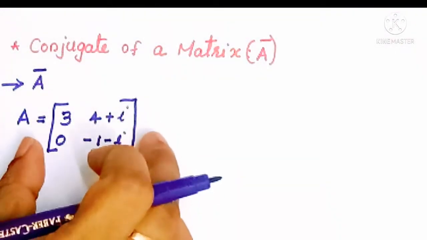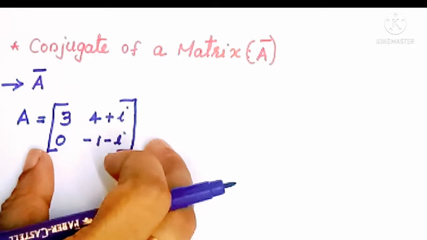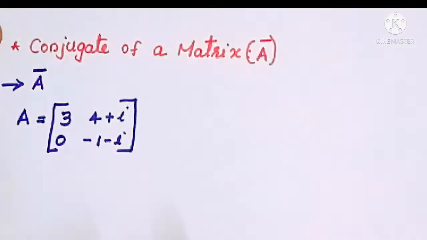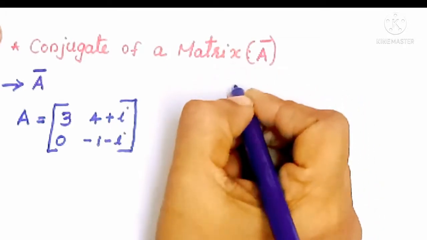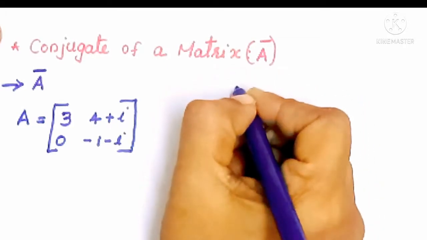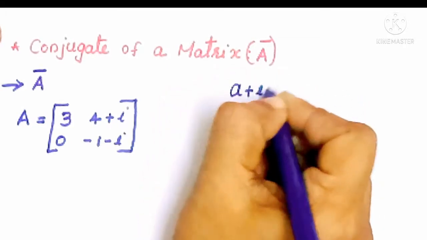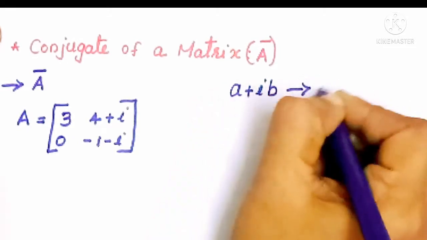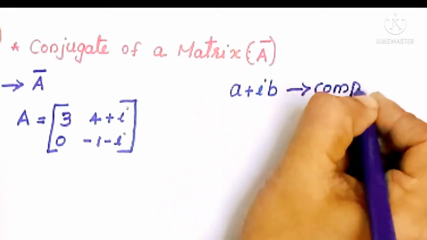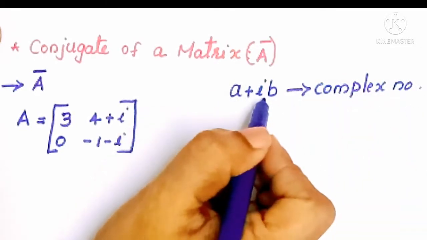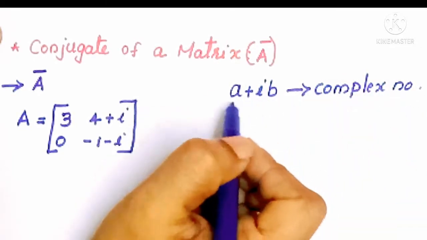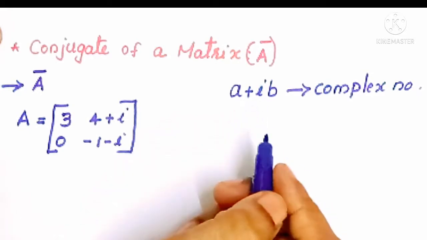Before going to the conjugate of a matrix, we should understand what is meant by a complex number. What is a complex number? If a number has a real part and an imaginary part, it is a complex number. Then what is the conjugate of this complex number?